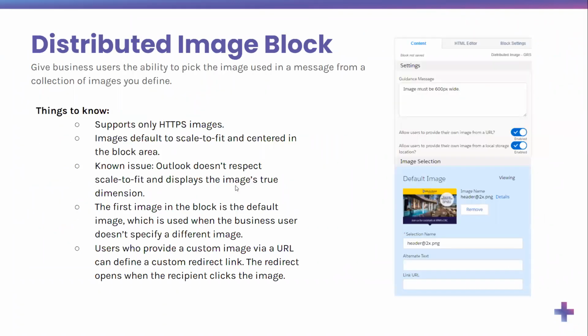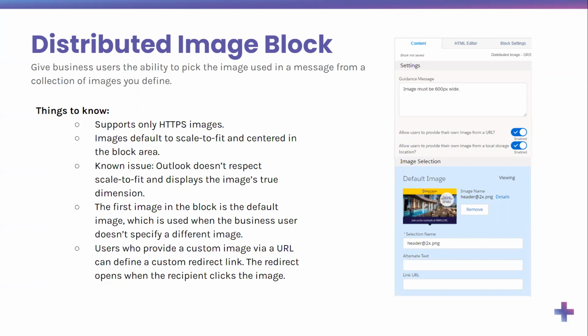And our first block that we're going to dive into in further detail is the distributed image block. This gives business users the ability to pick the image that's used in messages from a collection of images that you define. Some important things to know is that it supports only HTTPS images, so you will need the SSL cert for image domains.